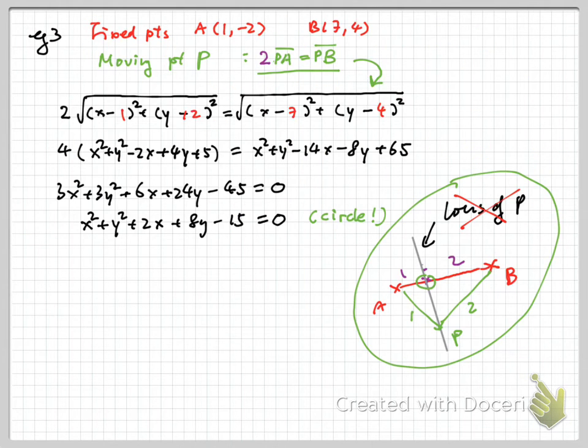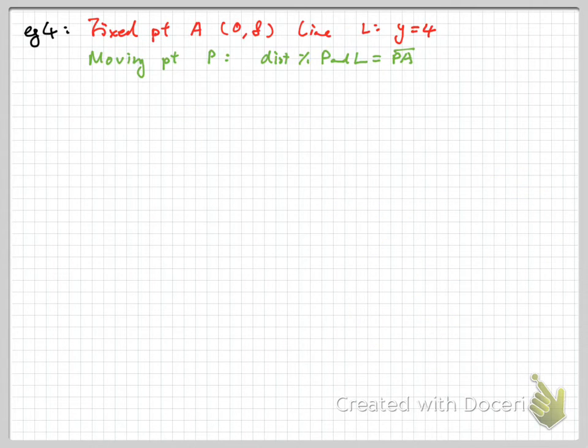Okay, so let's look at example 4. In example 4, we have a fixed point A. It's at 0, 8, on the y-axis. We have the straight line y equals 4. Y equals 4 is a horizontal straight line.